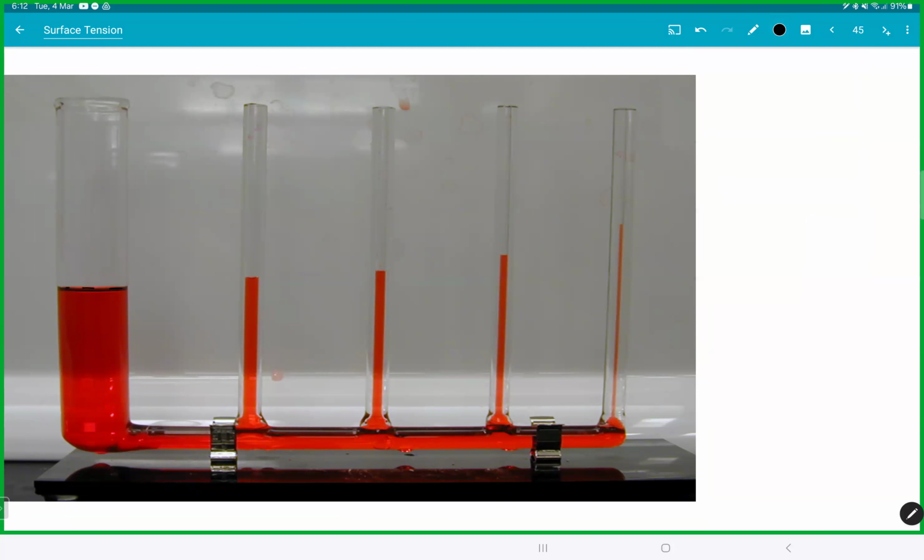But did you notice something here? The height is not the same. So if you look at the formula, h is equal to 2s cos theta by rho g r. h is proportional to 1 by r. So smaller the radius, more the height. So this thing, if you can see, has a very thin radius in here.